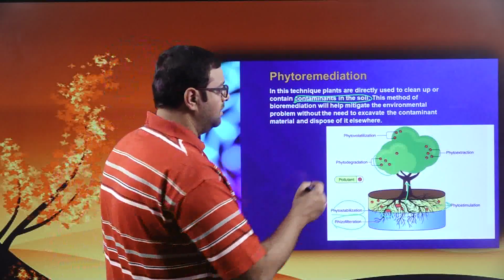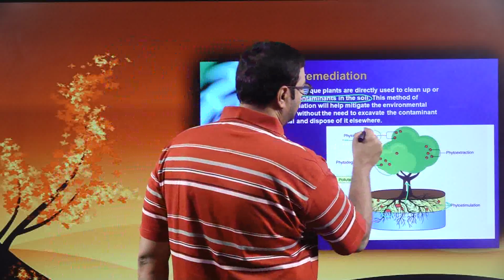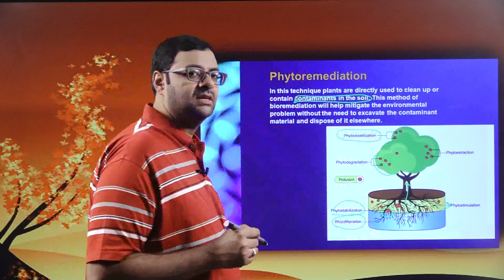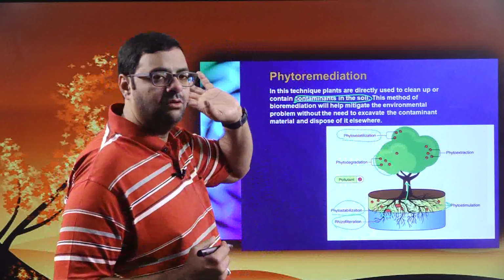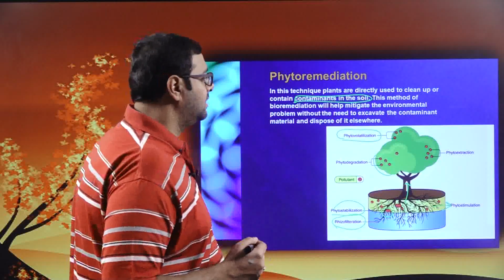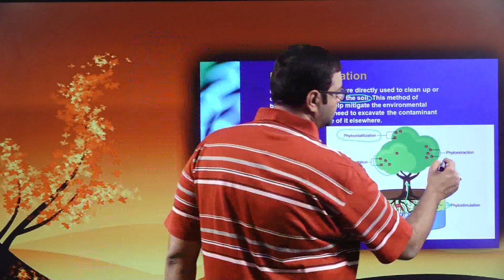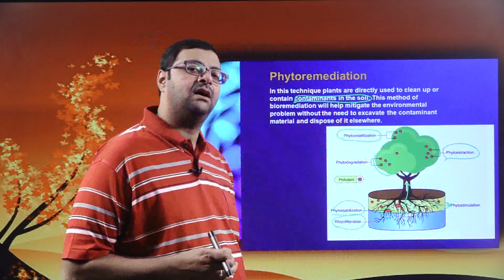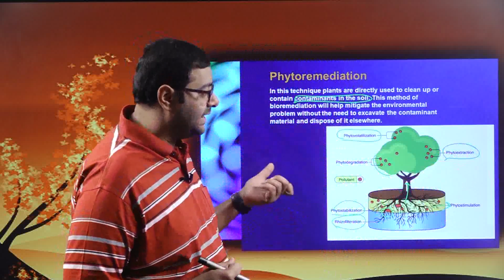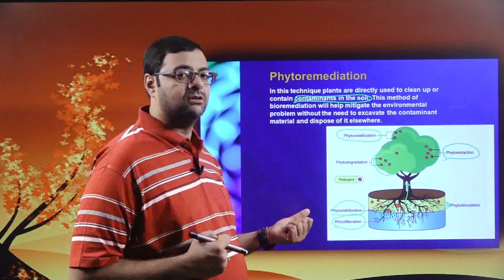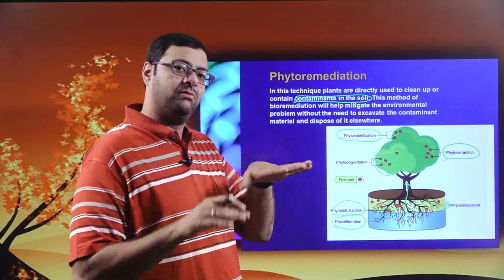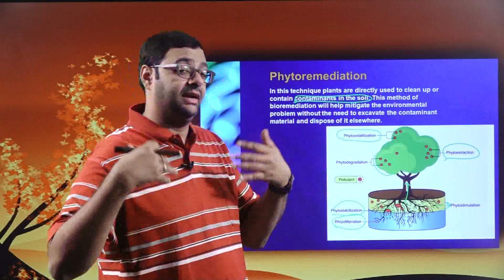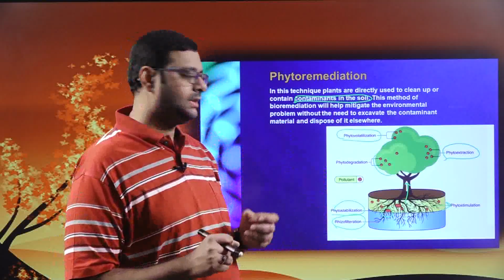Then phytovolatilization means the contaminants are removed out into the atmosphere through the process of transpiration. And phytoextraction: what is this? These contaminants are extracted out, and once they are neutralized, only then are they extracted out into the atmosphere.